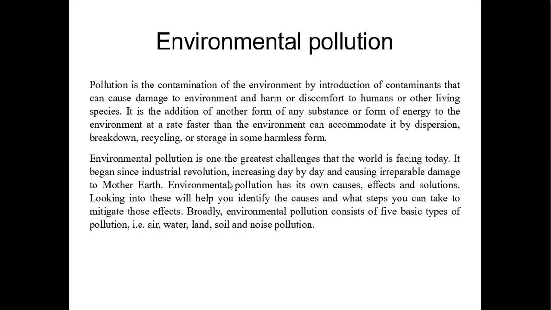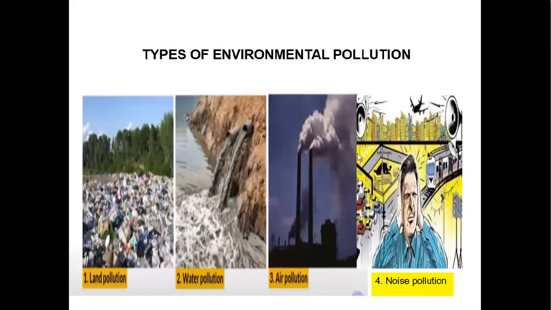It began in the industrial revolution, increasing day by day and causing irreparable damage to the mother earth. The environmental pollution has its own causes, effects, and solutions. Environmental pollutions are of different types: air pollution, water pollution, land or soil pollution, and noise pollution. There are four different kinds of environmental pollution: land, water, air, and noise pollution.